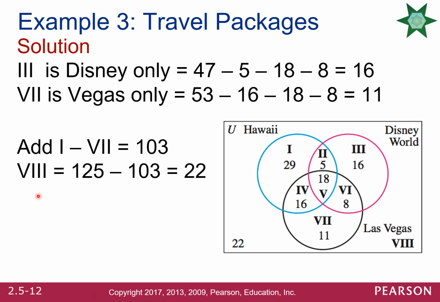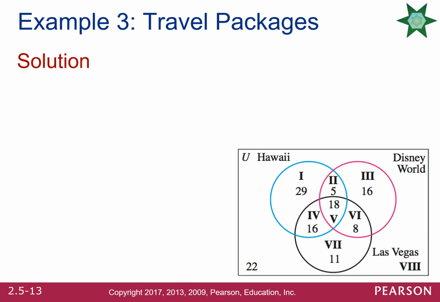So region 8 is 125 minus 103, right? The sum of all these numbers is 103, which gives us 22. Now we have the entire Venn diagram completed, showing not only the regions but the different values that fall under these regions.